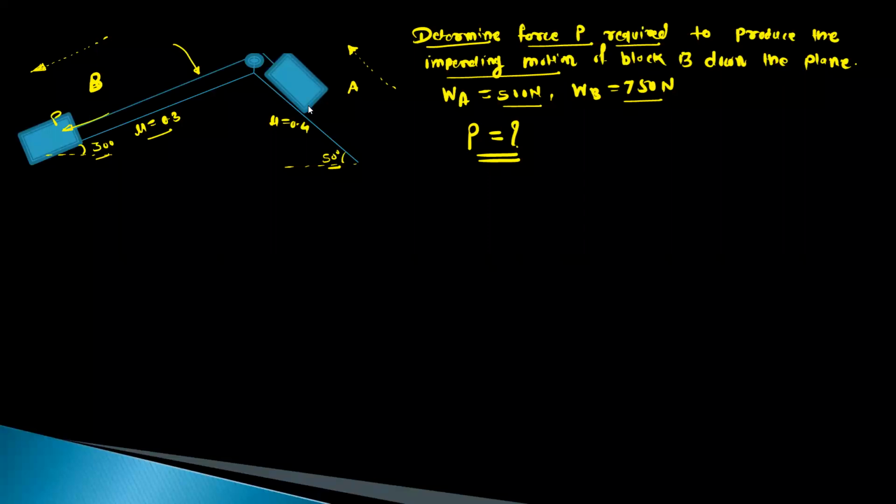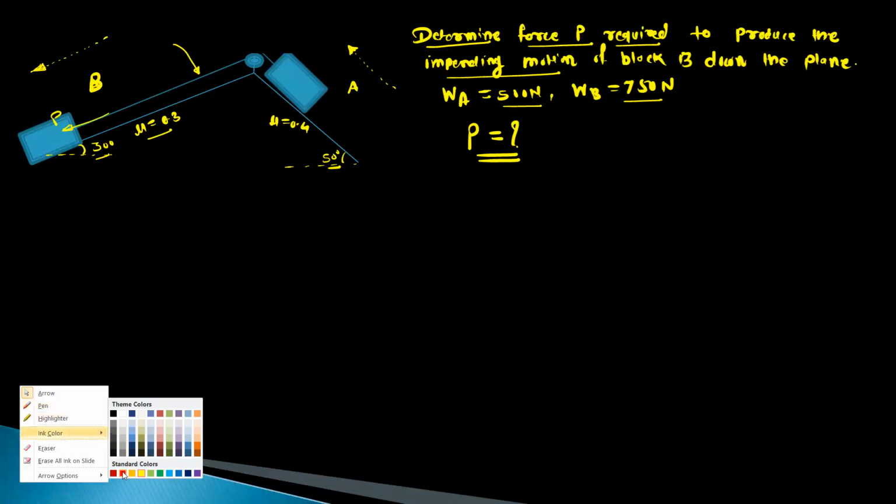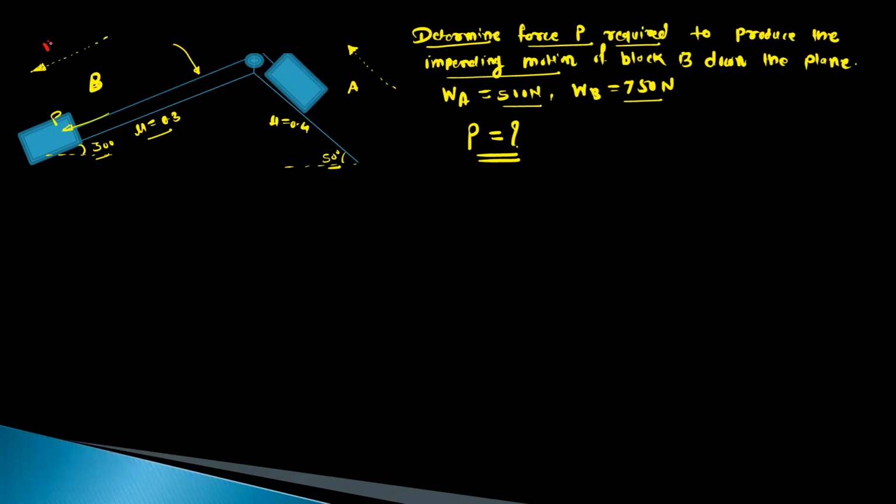That means it is the limiting point of the equilibrium. From this impending motion direction, we will draw the free body diagram.